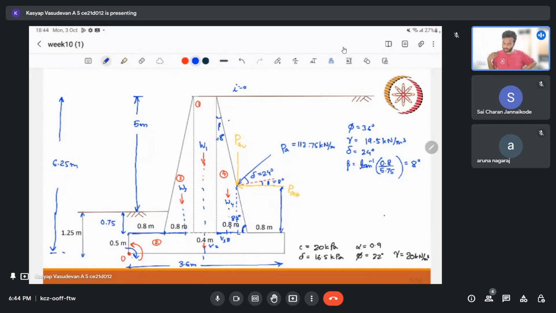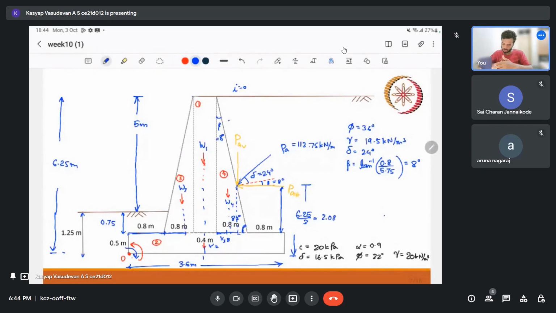So I told you that the point of application of the load is at a distance of h by 3. So our h by 3 is actually here, that is 6.25 by 3, 6.25 divided by 3, it is 2.08.